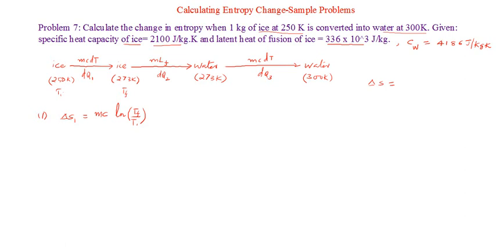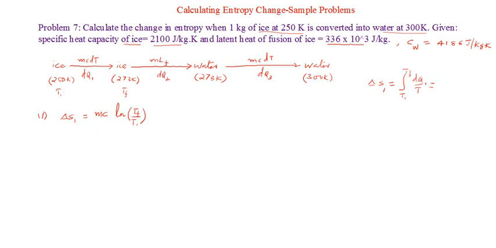Delta S is equal to the integral from Ti to Tf of dq by T. So for the first stage it will be delta S1, with dq1 equal to mc dt.